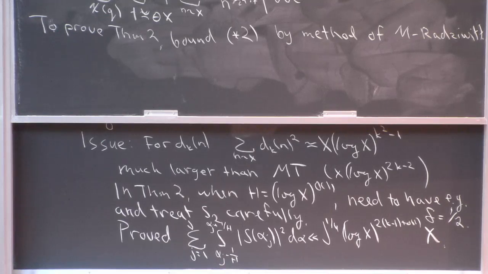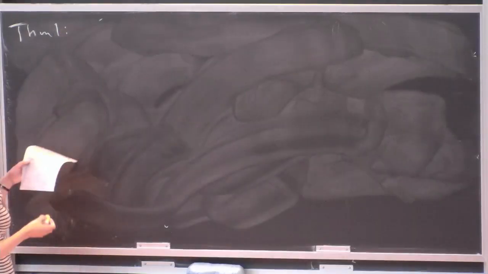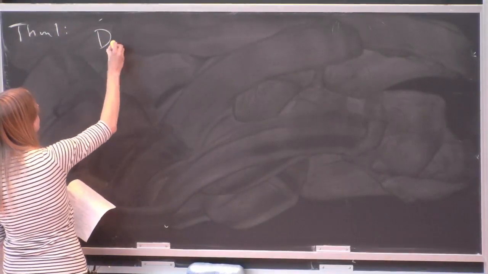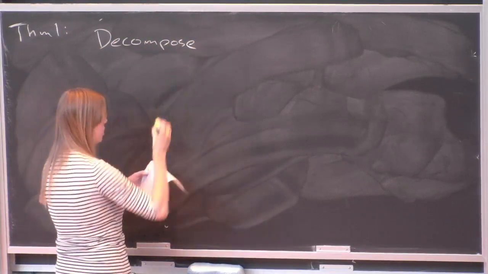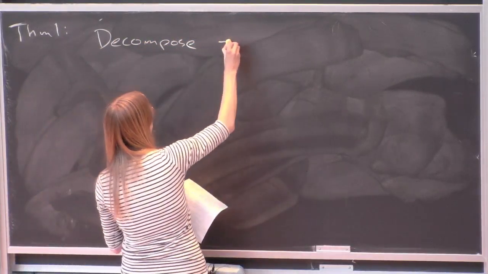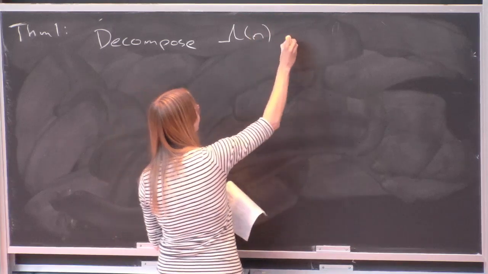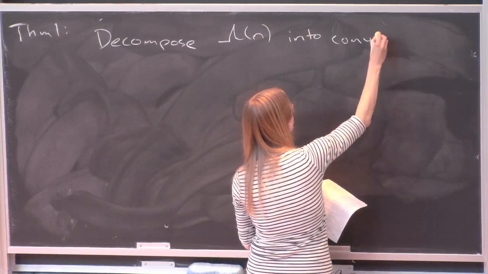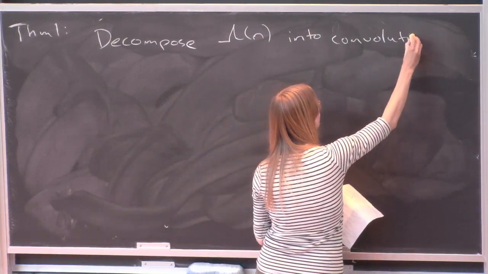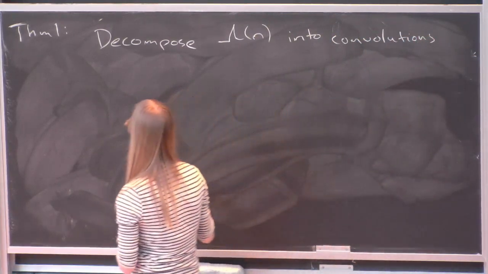So for theorem 1, we decompose lambda n into convolutions through the Heath-Brown identity.